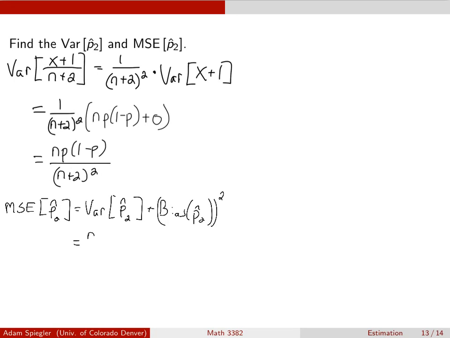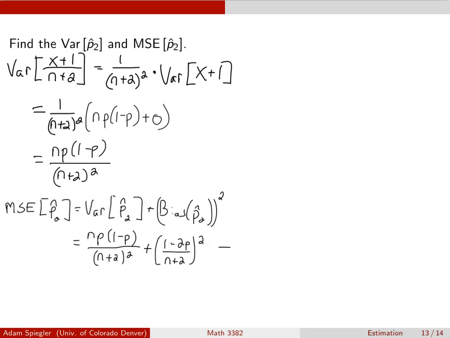So for the variance of this second estimator, we above have n times p times 1 minus p over n plus 2 squared. And the bias we also calculated as 1 minus 2p over n plus 2. So that was on the previous slide. So we're going to take all of that and square it.